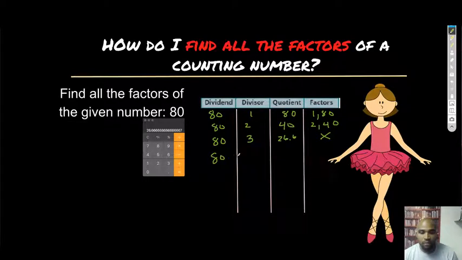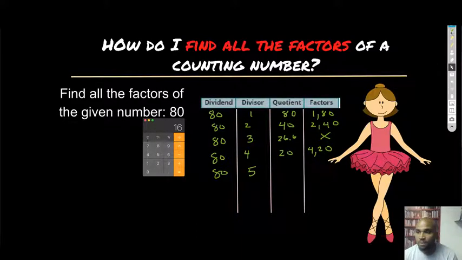80 divided by 4, I know that does work. That's 20. So now 4 and 20 will work. 80 divided by 5, I know that works because the last digit is a 0 or a 5, and it's a 5 in this case. It's probably going to be 13 is what I'm guessing. Let's check. 80 divided by 5.